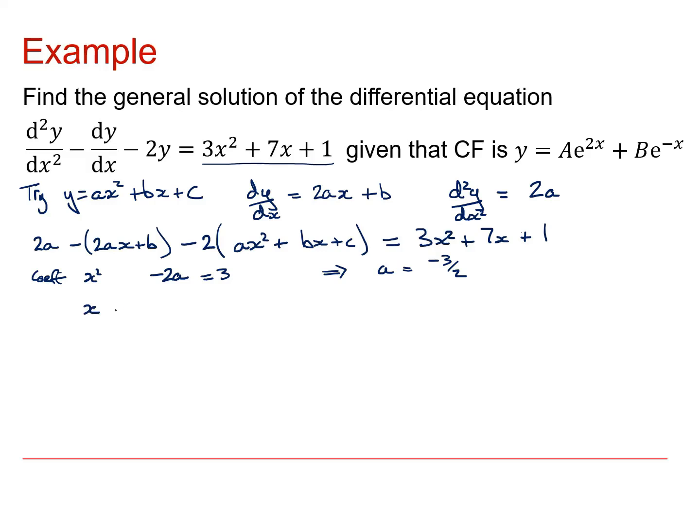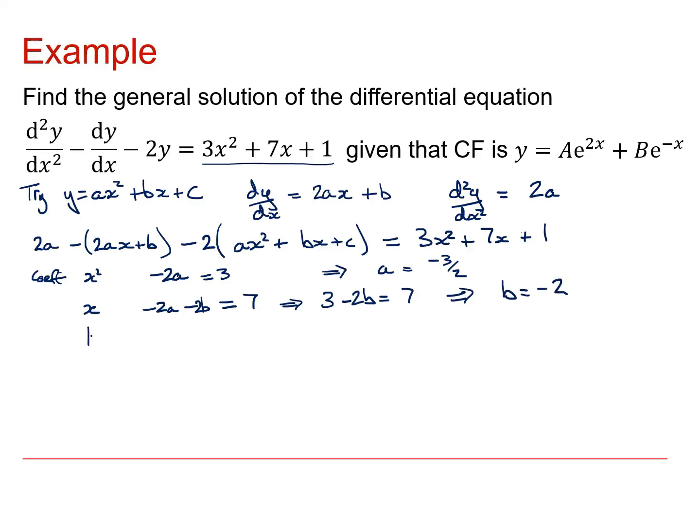If I look at the x's now, I've got a minus 2a from the first bit and a minus 2b from the second bit, and that's going to be equal to 7. But I already know that a is minus 3 over 2, so this gives me 3 minus 2b is equal to 7, and this tells me that b is equal to minus 2.